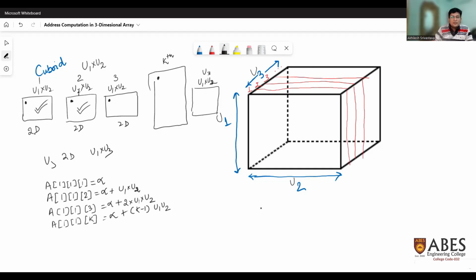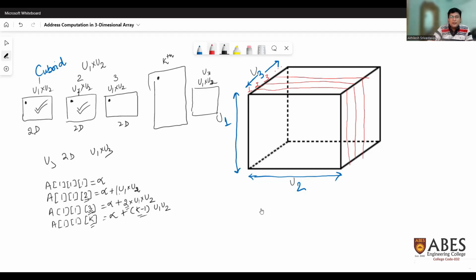Why are we saying that this is k minus 1? Because if I am taking a 2 here, then the multiplier of u1 cross u2 is 1. And if you're taking 3 here, then the multiplier is 2. Similarly, if I'm taking k here, then the multiplier of u1 cross u2 will be k minus 1.